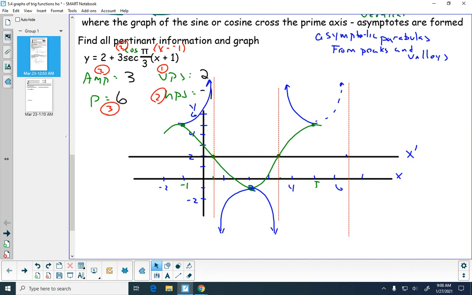Now I'm going to get to the tangent and cotangent ones on the back. We will do them tomorrow. But what you'll be able to do for today is the ones on here that are sine and cosine and secant and cosecant. Once again, we'll deal with tangent and cotangent tomorrow.